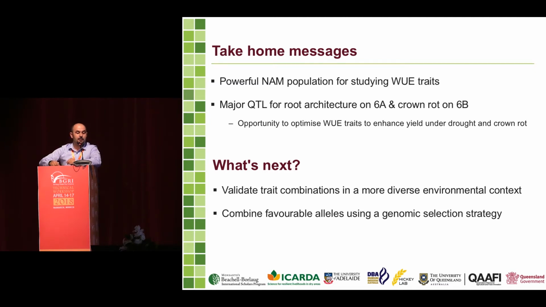Secondly, this QTL for root angle on 6A needs further work. And also finding this QTL for crown rot on 6B, both these QTLs open the opportunity to combine above and below ground traits to perhaps not only minimize yield losses under drought conditions, but also under crown rot conditions.